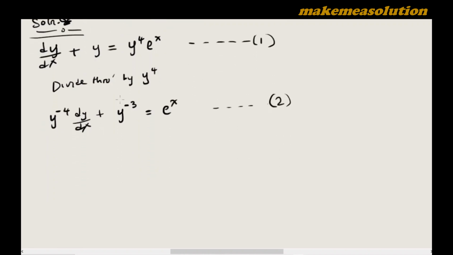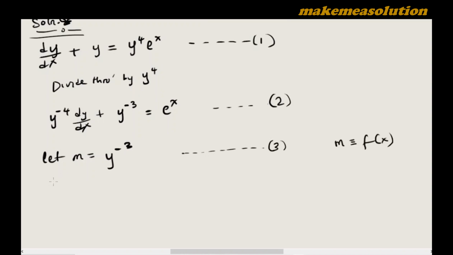So what are we going to do next? Let m be equal to y raised to the power of minus 3. So you can call this equation 3. So m is a function of x itself.